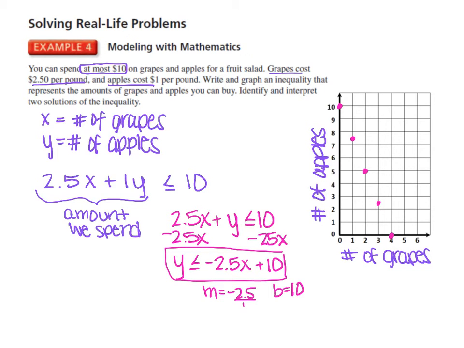Since it could be or equal to, right? That tells me I use a solid line. And I shade, since it's less than or equal to, I shade below. This line represents the maximum I could buy of each and still fit under $10.